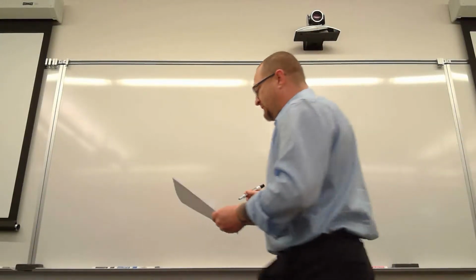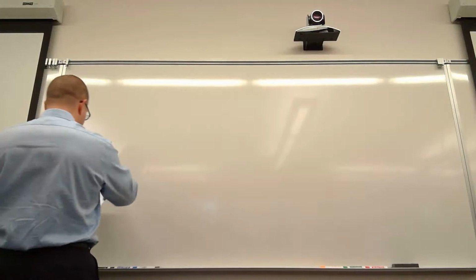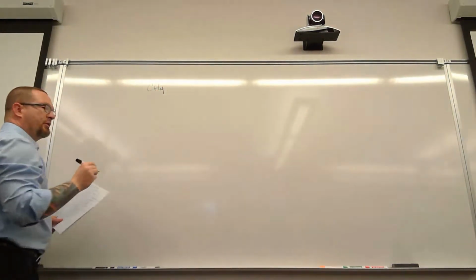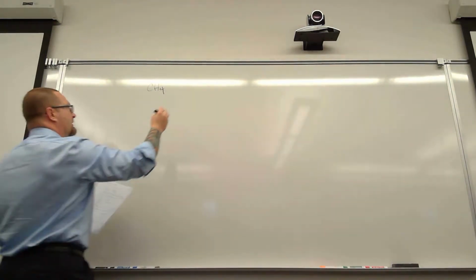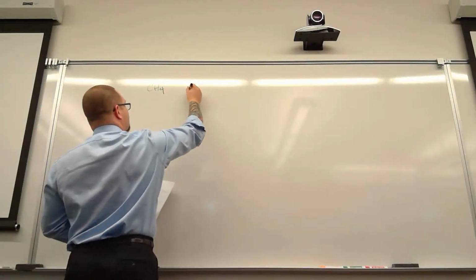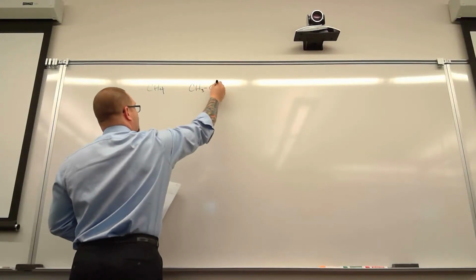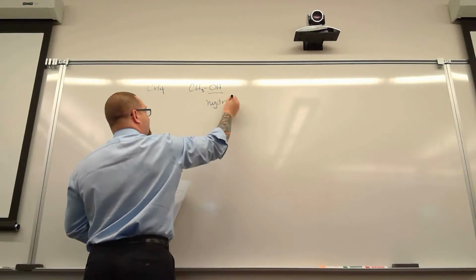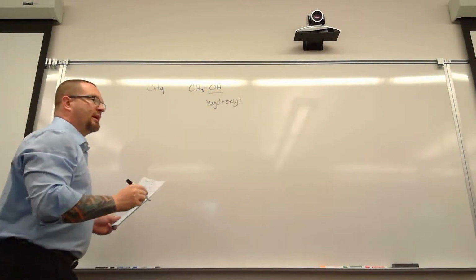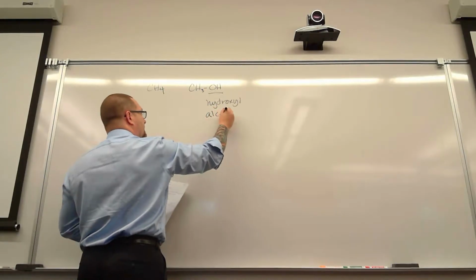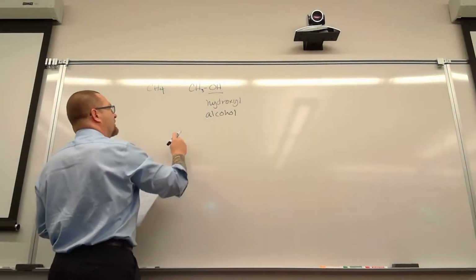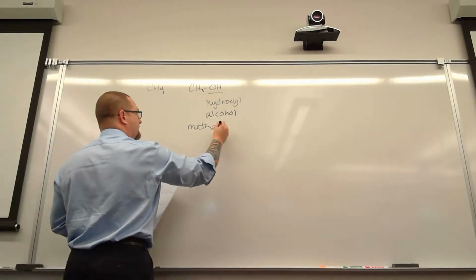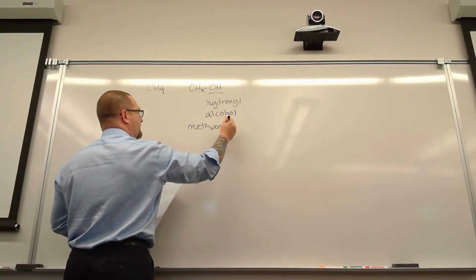So what that looks like is, whereas this would be methane, if we get rid of one of these hydrogens and add a hydroxyl group, the presence of the hydroxyl group makes this an alcohol, which we'll have named meth instead of ane, methanol.